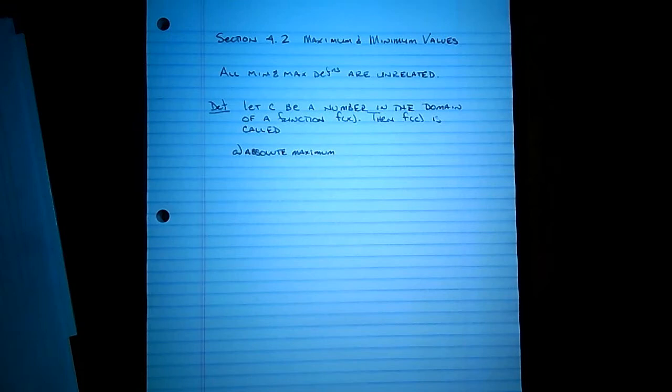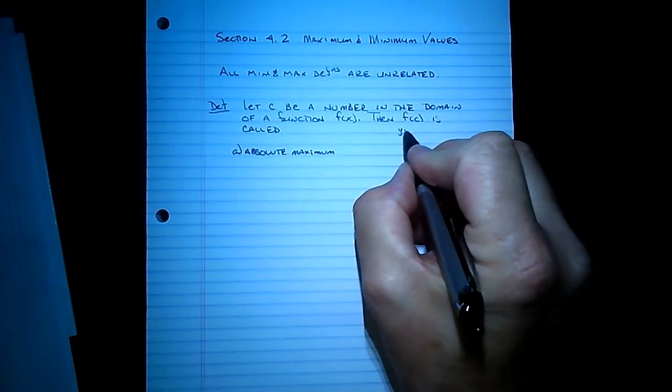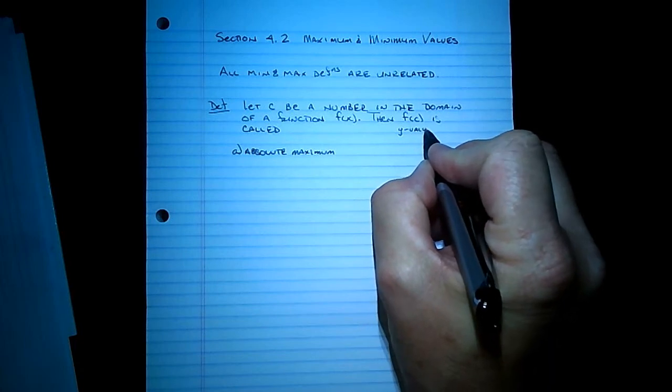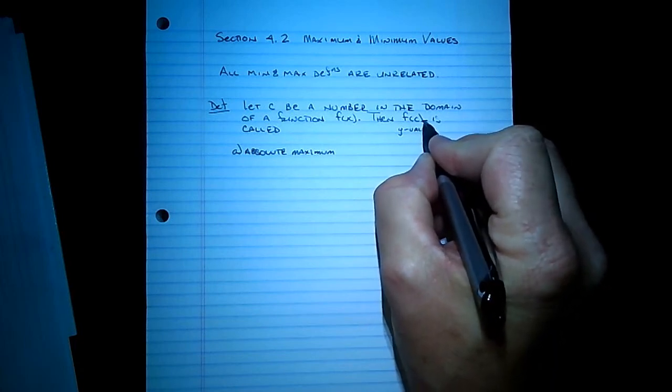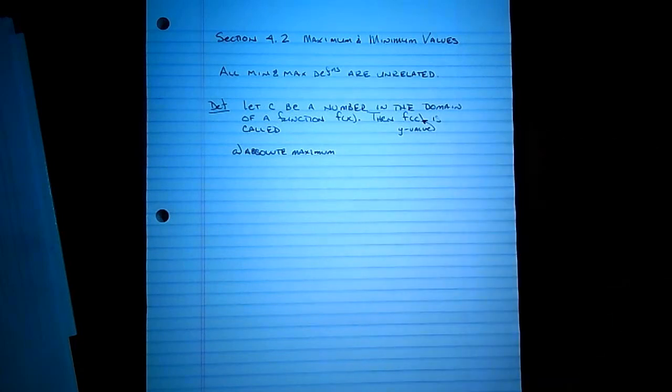When is f of c, now please notice this is the y value, right? That's the y value. When is the y value going to be referred to as an absolute maximum?